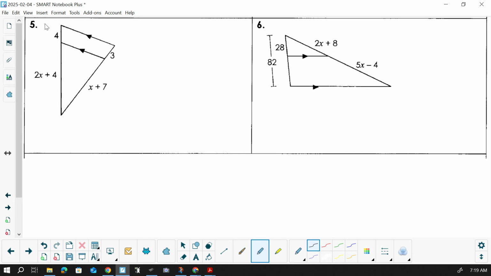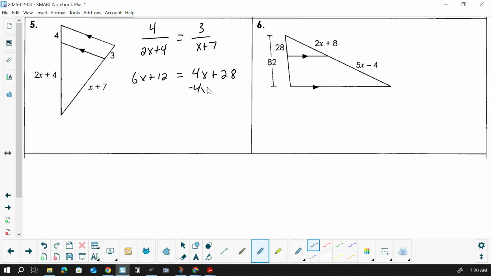Number 5. 4 and the 2x plus 4. 3 and the x plus 7. Okay. All right, so cross multiply this way, we get 6x plus 12. And then cross multiply this way, 4x plus 28.